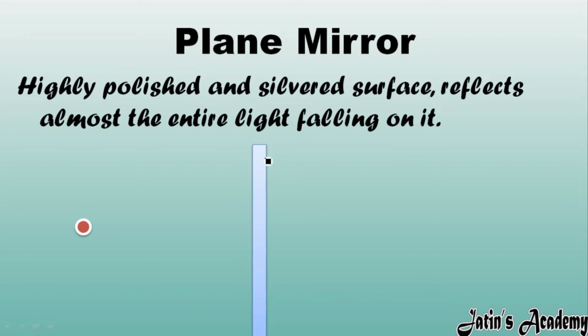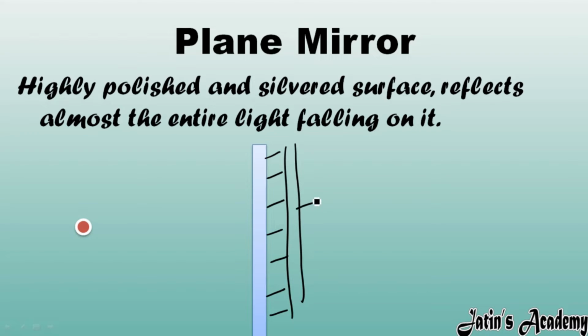First we have a highly polished surface, polished on one side with a silver coating, and above the silver coating we have one more layer of coating, red lead oxide. This layer is there to protect the silver coating. As we know silver is a little bit expensive, so to protect the silver coating we have red lead oxide. So a plane mirror is a highly polished and silvered surface.